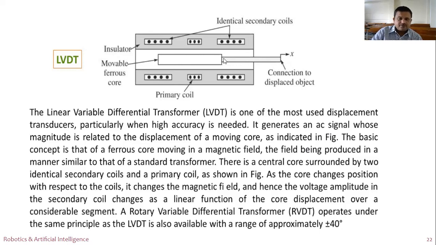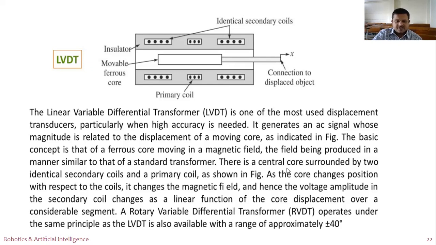Whenever this iron core moves, it will generate some EMF in the primary and secondary windings, and that depends upon the percentage portion of the core in front of the primary winding or the secondary winding.